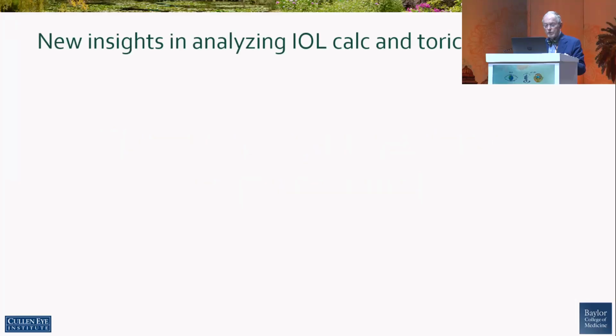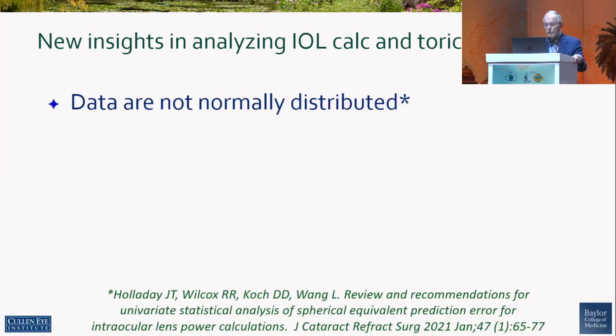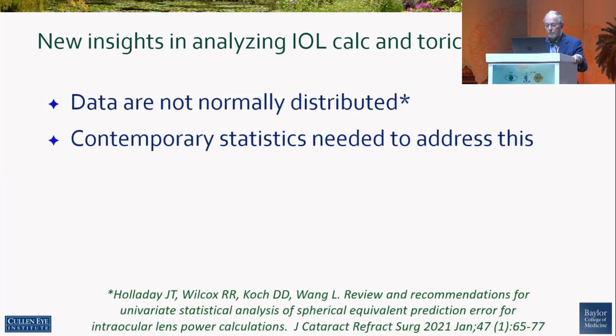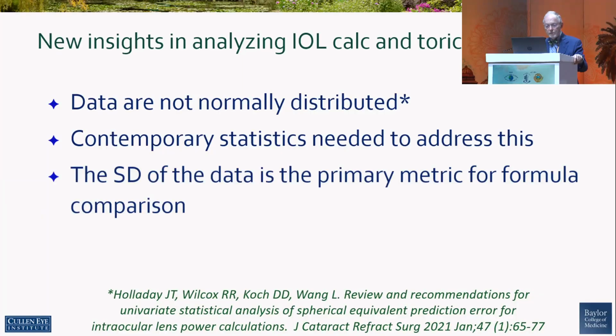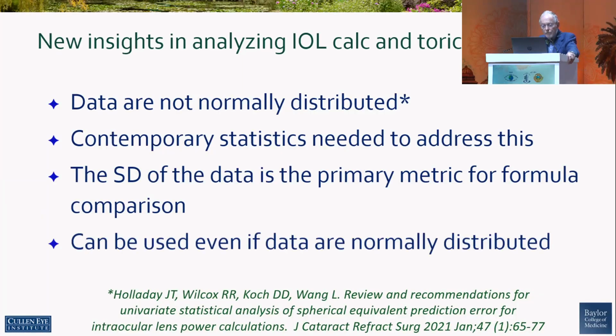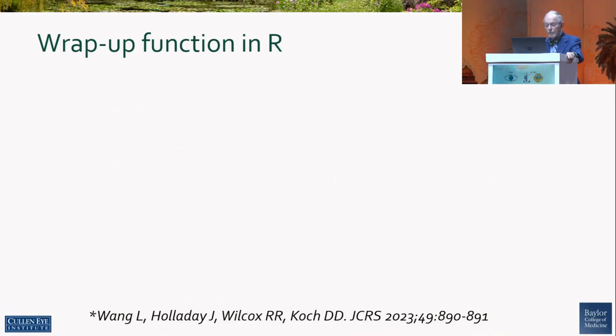There was discussion about statistical methods. With Jack Holladay, we published a paper that showed that when you're doing IOL calculation analysis, the data are not normally distributed. You need contemporary statistics, and the standard deviation is the primary metric for formula comparison. You can use these statistics even if the data are normally distributed, so you don't have to worry about that.